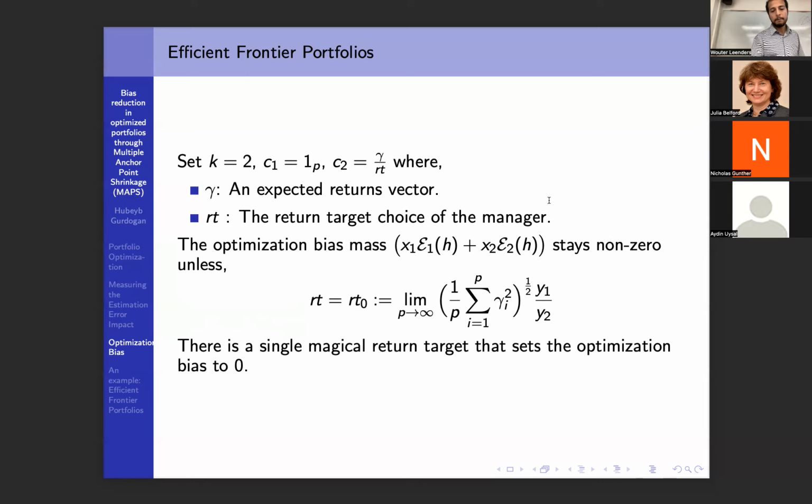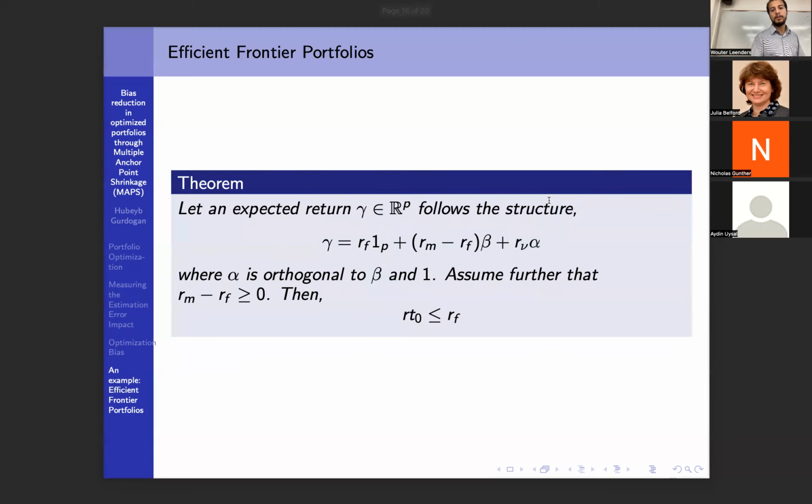And then, under some restrictive assumptions, we have a theorem here. If your expected return follows the structure of a risk-free return times the vector of all ones, plus market return times beta, plus some residual where we impose a structure on the residual, we want it to be orthogonal to beta and the vector of all ones.